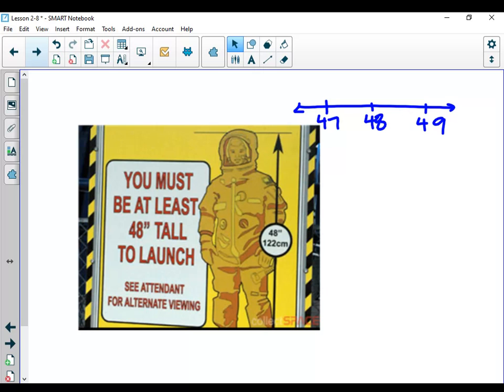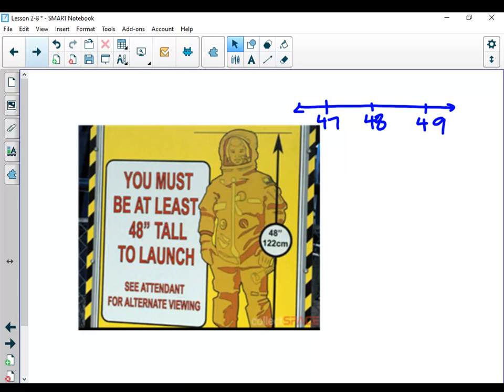You are at Valley Fair or Friendly City Days or Nickelodeon Universe pre-coronavirus, and there's usually some sign next to the ride saying you must be a certain height. This particular one is an astronaut fun ride.